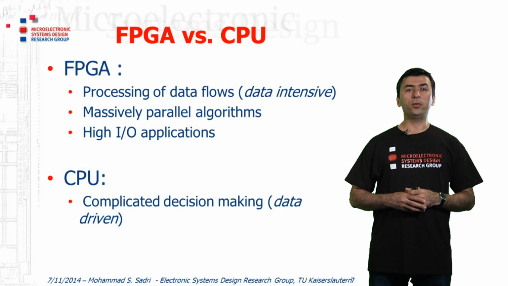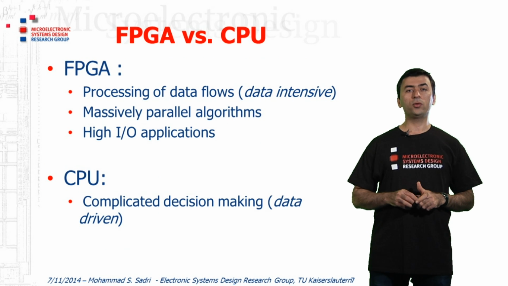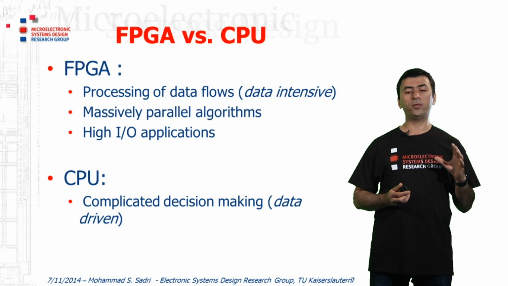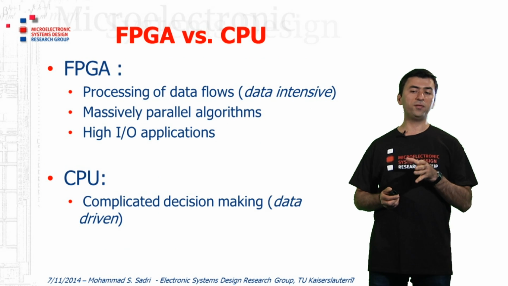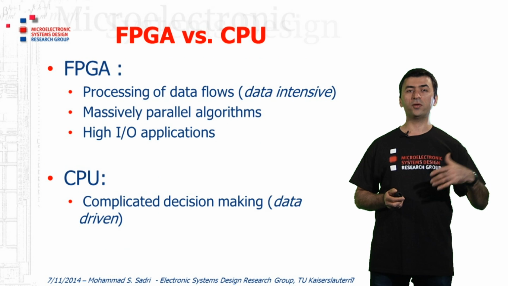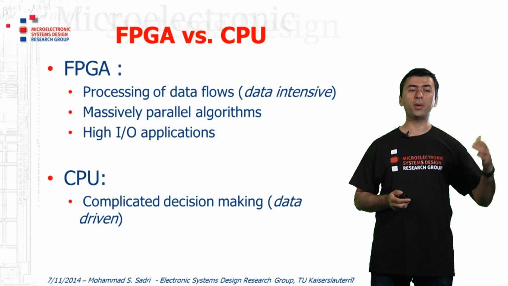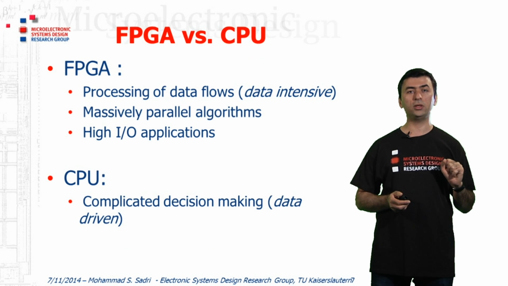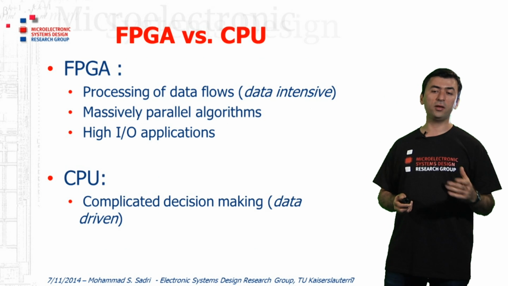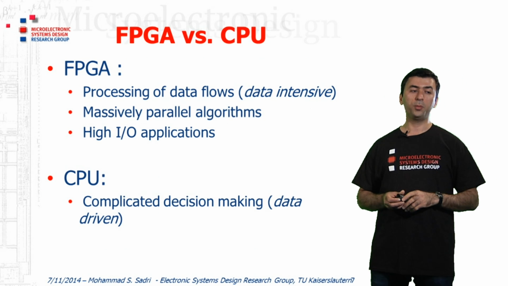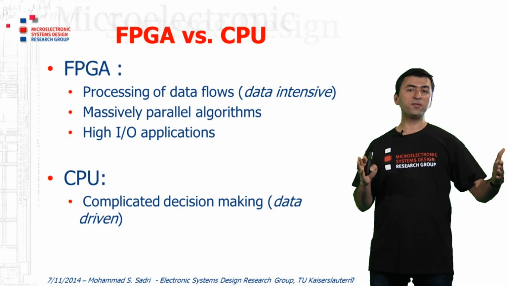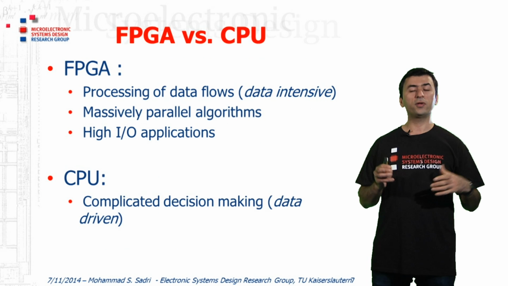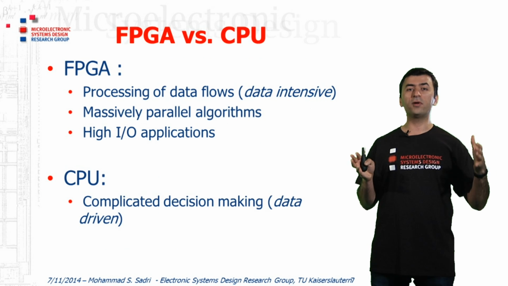For example, if you need to perform fast Fourier transform, FFT, calculations on the incoming samples from a high-speed A to D, then maybe the FPGA is a really nice choice because it can perform for you a specific ensemble of simple calculations with a very high speed.